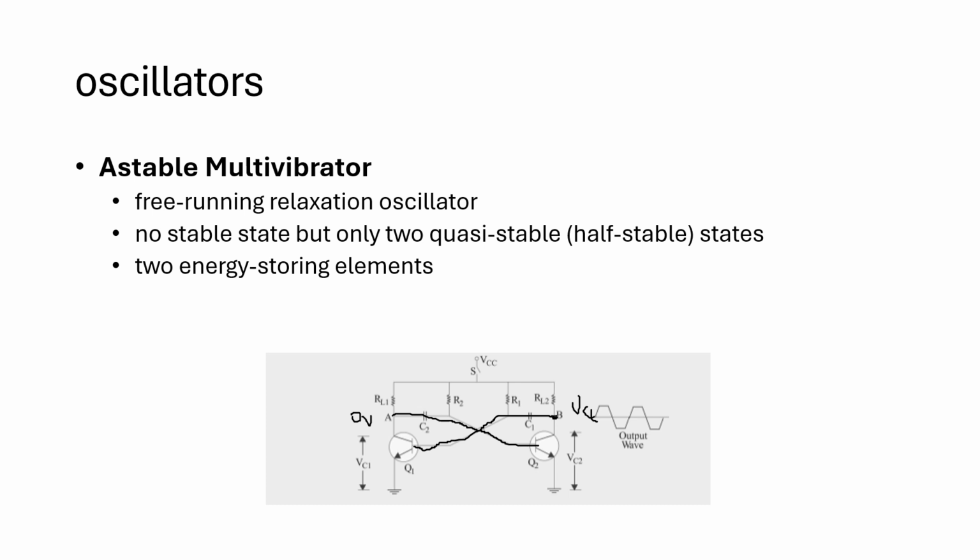Since this is already charged and this is connected to your input, your Q2 is now driven to saturation. So our VC2 decreases and almost reaches 0. When that happens, Q2 gets saturated and the potential of point B decreases from VCC to 0, in the negative swing.